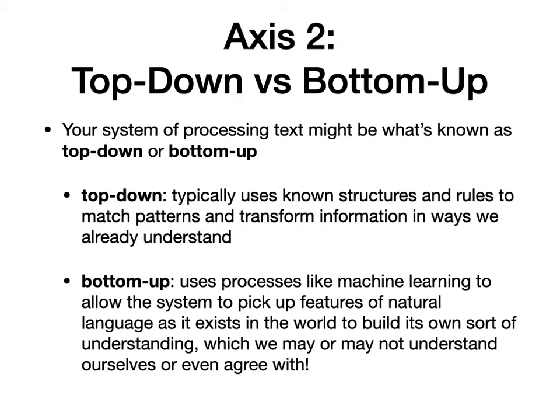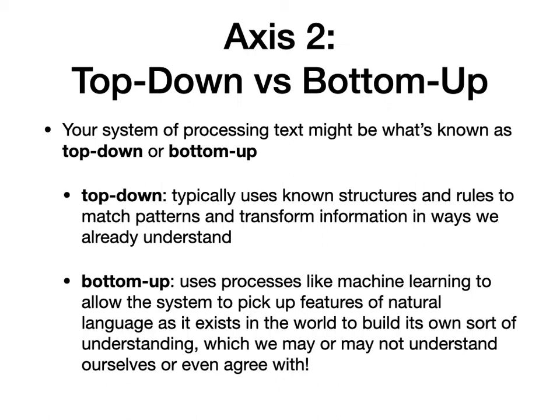There are other ways to frame this debate, but more or less, top-down is the idea of using known structures and rules to match patterns and transform information in ways that we already understand. So, ELIZA: we already know what kinds of patterns we want to be able to seize on in the therapist role, to be able to say, depression, that's a very important word to this thing that we're doing right here in the chair, right? So that is a top-down approach.